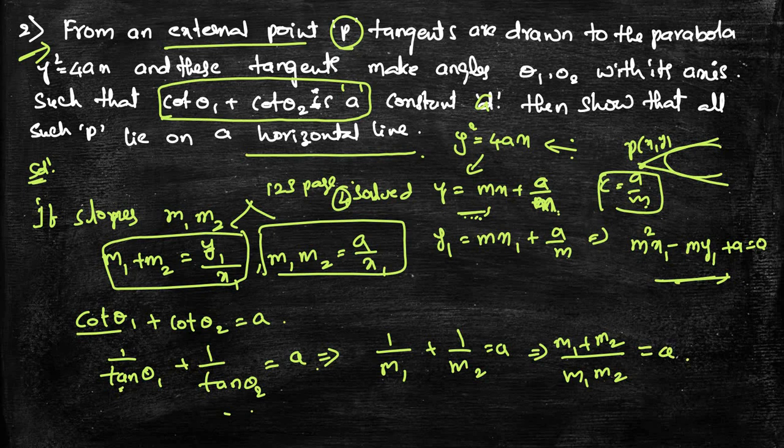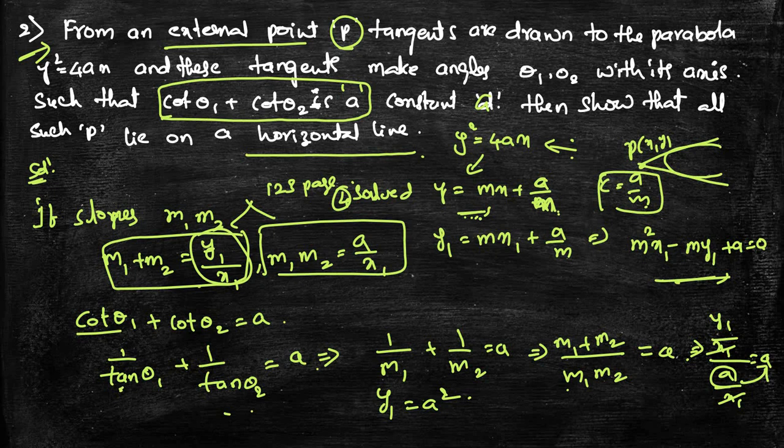So m1 plus m2 is equal to y1 by x1, divided by m1 m2 which is a by x1, is equal to a. So x1 will get cancelled, and y1 is equal to a into a, a square.